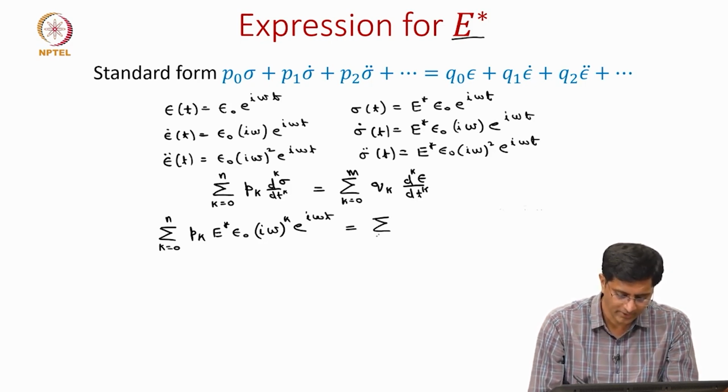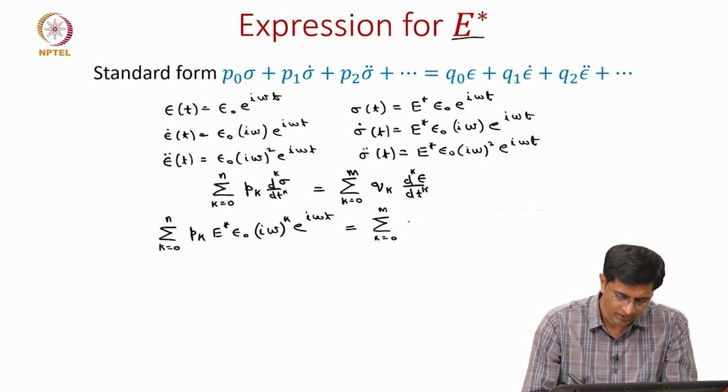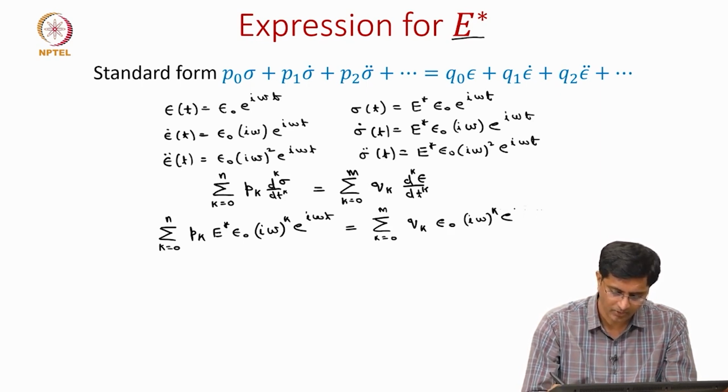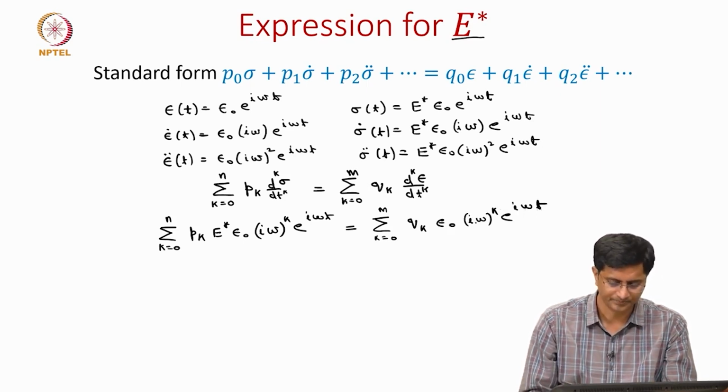To the right hand side, it is almost the same, other than we will have these qk terms and we do not have these E star. So, it will be simply epsilon naught times I omega power k e power I omega t.